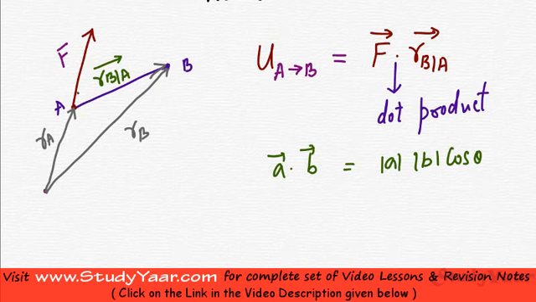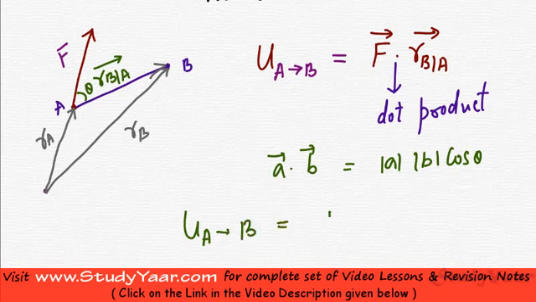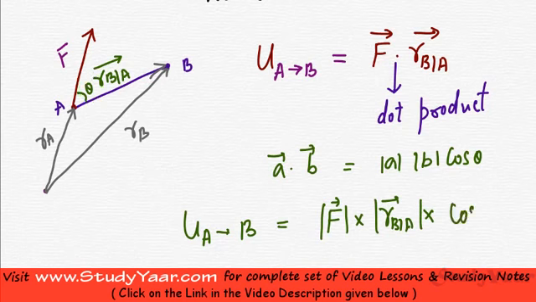So if this angle is theta, then your work done is going to be equal to modulus of F into modulus of RB by A into cos theta. This is in terms of vectors, a dot product. This is in terms of scalars, where you have the magnitude of F and the magnitude of the relative displacement vector, and the angle between them.